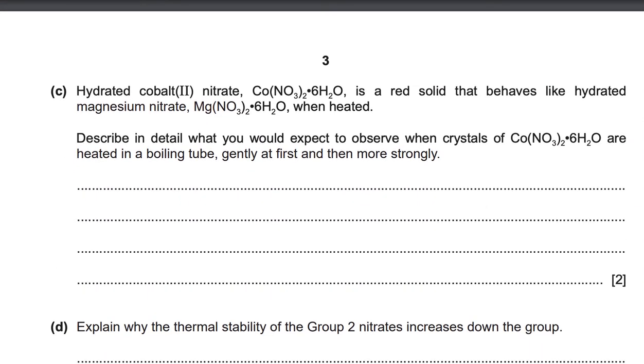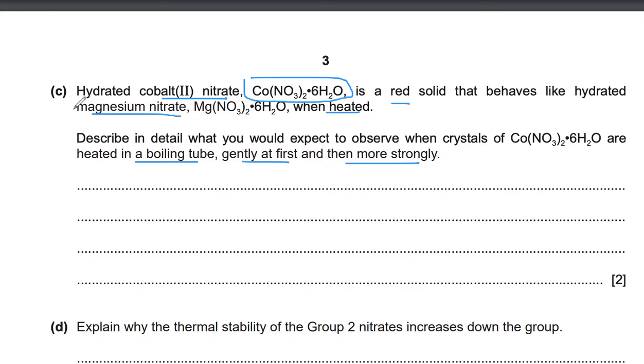It says hydrated cobalt nitrate, this is the formula for cobalt nitrate, is a red solid that behaves like hydrated magnesium nitrate when heated. Describe in detail what you would expect to observe when crystals of cobalt nitrate are heated in a boiling tube, gently at first and then more strongly.